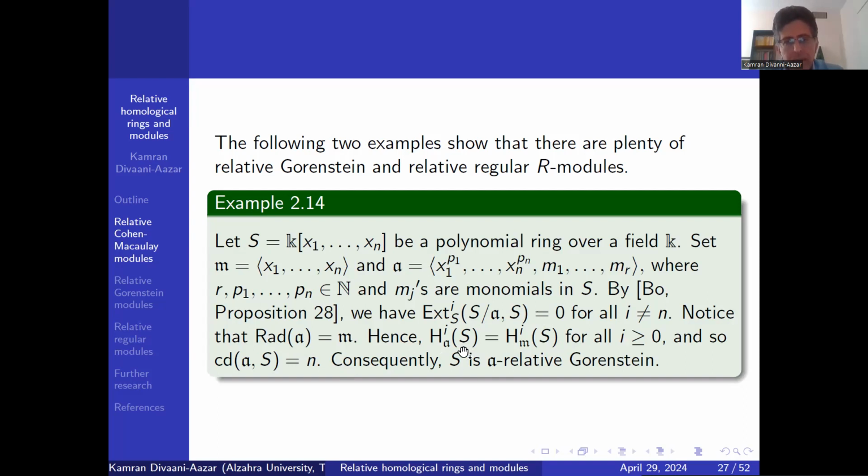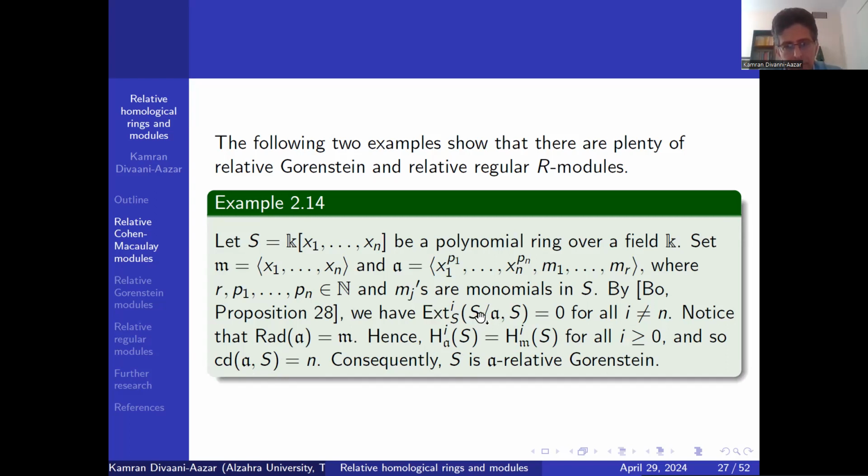So the cohomological dimension of S with respect to A is the same as the cohomological dimension of S with respect to M. But the cohomological dimension of S with respect to M has to be its dimension, n. So we have this. Consequently, these Ext modules are all 0 for all i different from the cohomological dimension of S with respect to A.